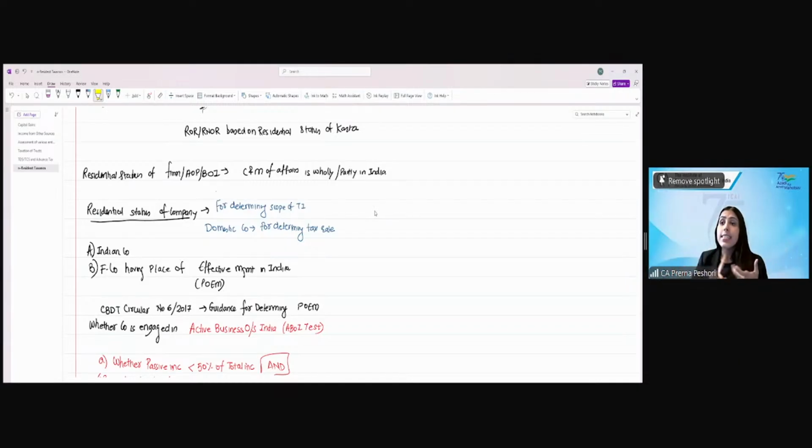Secondly, a company which has made the prescribed arrangements for the declaration and payment of dividend in India. It can be a foreign company which is declaring and paying dividend here in India, and it can also be called a domestic company. Fine. What is the tax rate for the domestic company?